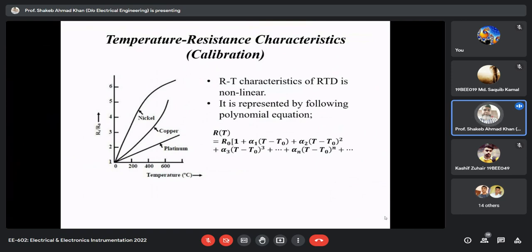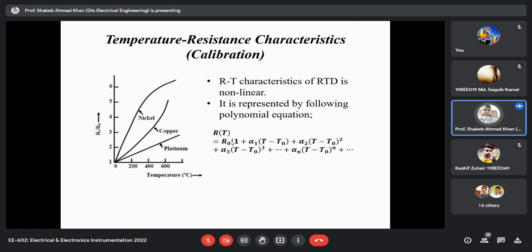So we want, and it is most desirable. What is the motive? For calibration, this relationship is absolutely necessary. We always want that the input output, stimulus and response relationship should be linear, but it is not in our hand.